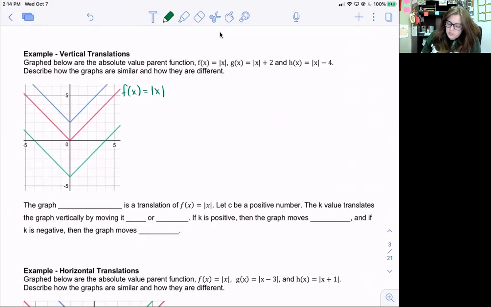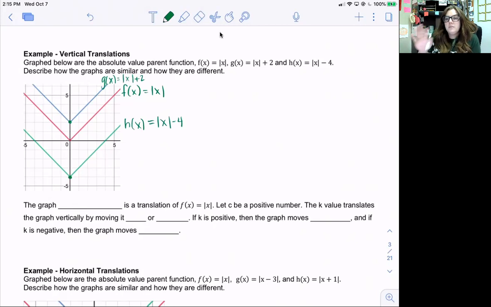If we look at our 2 graphs, this one is 2 up, and this one is 4 down. So the top one is g of x, which is the absolute value of x plus 2. And the bottom, since it's down 4, must be h of x, which equals the absolute value of x minus 4.